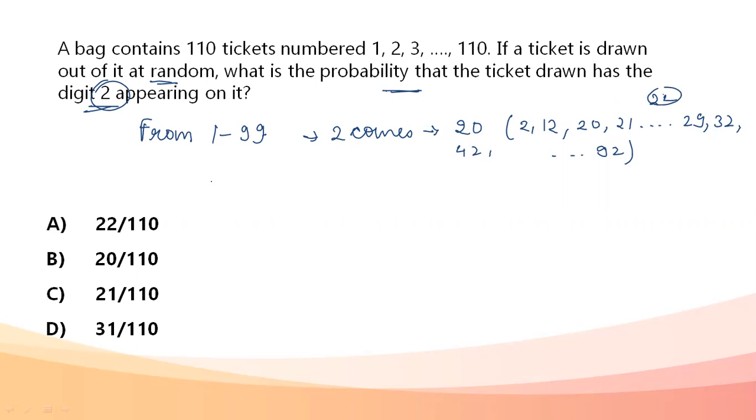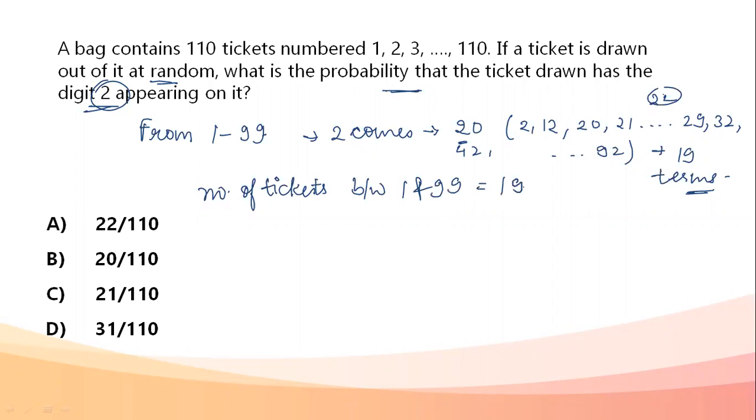Now, the number of tickets with 2 between 1 and 99 becomes 19. Now from 100 to 110, 2 comes only one time.